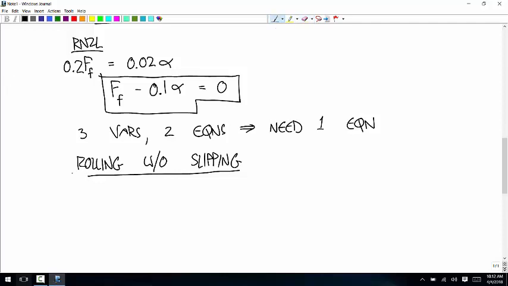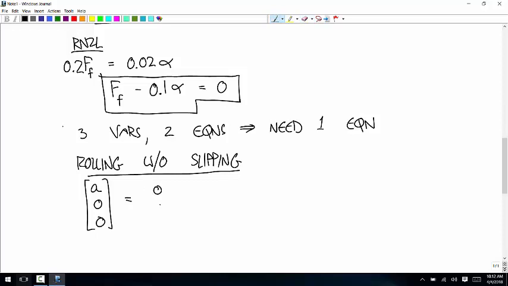But if you use that rotated coordinate system, you always know that the acceleration is equal to, how did I write this?